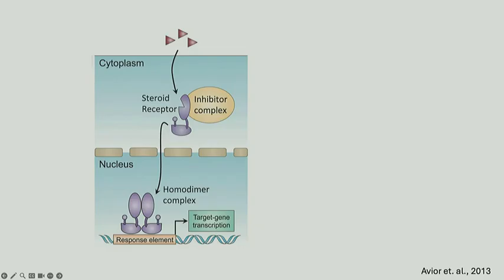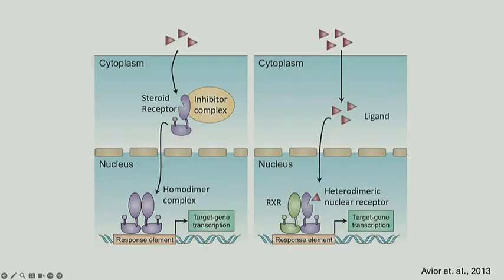A ligand comes in and releases that homodimer from its inhibitor complex, allows it to dimerize and go into the nucleus and positively regulate transcription, whereas heterodimeric receptors are always in the nucleus, and they're bound to generally RXR, and collectively these repress transcription until a ligand makes its way into the nucleus, a hormone in this case, and activates expression, right?